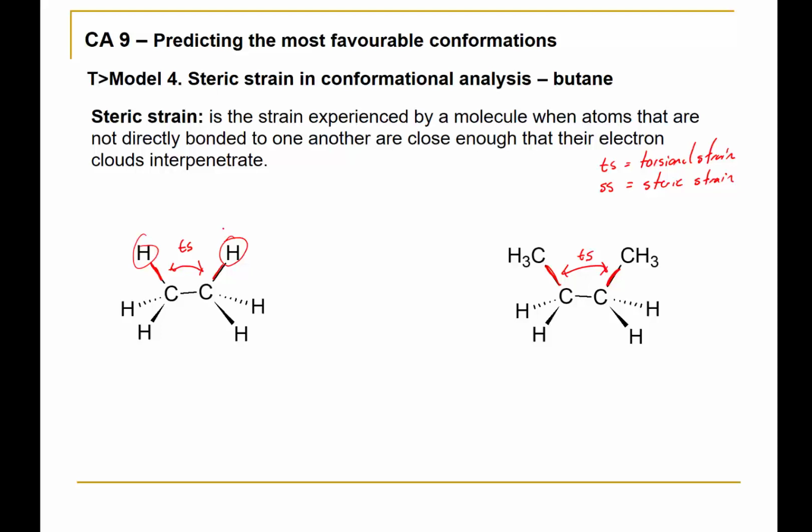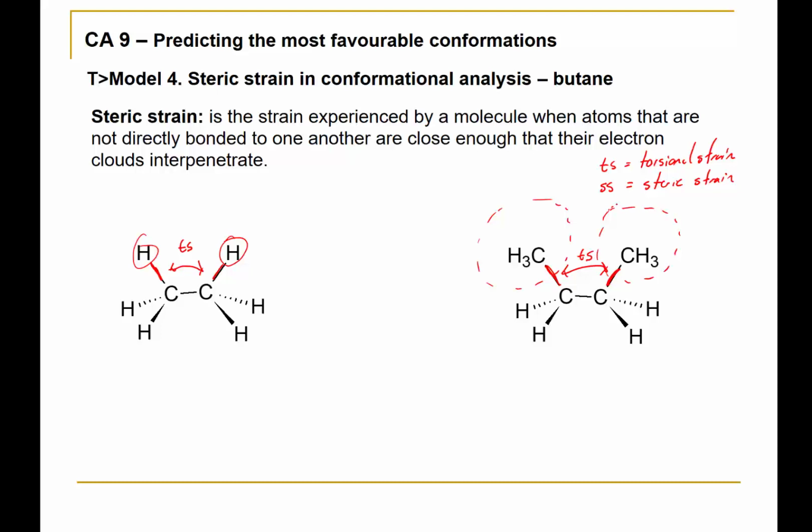Now, in terms of the hydrogens here, the actual radius of the atom is relatively small. And so the electrons associated with one hydrogen and another hydrogen don't really interpenetrate. They don't come that close. But a methyl group is quite a bit larger. And so I'll kind of represent it like this, that the electron cloud, or the region where you're going to find some electron density, takes up a greater volume.